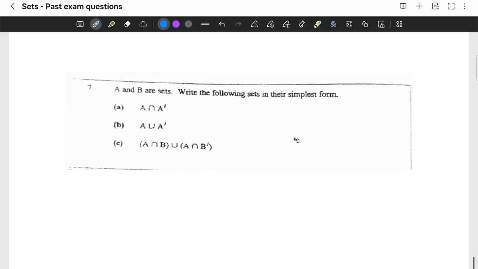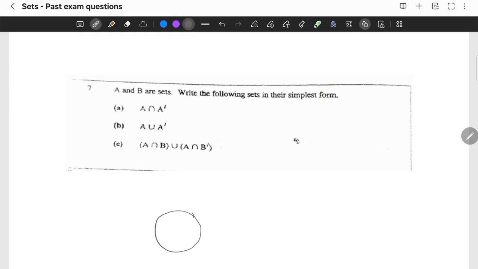Then the next question says A and B are sets. Write the following sets in their simplest form. Let's say we can maybe sketch it out.